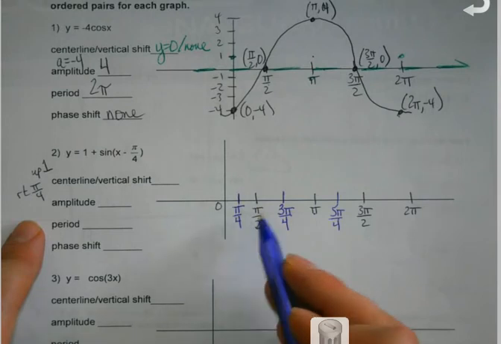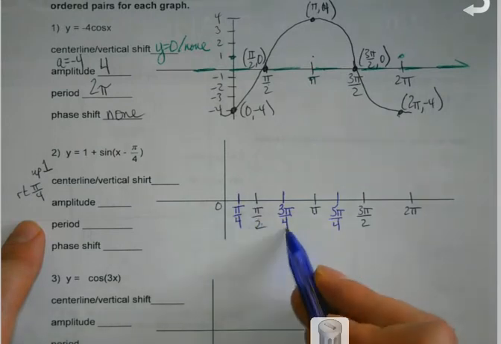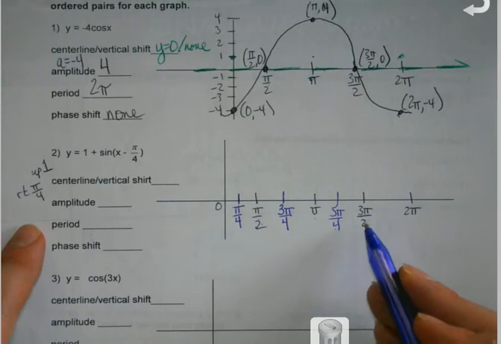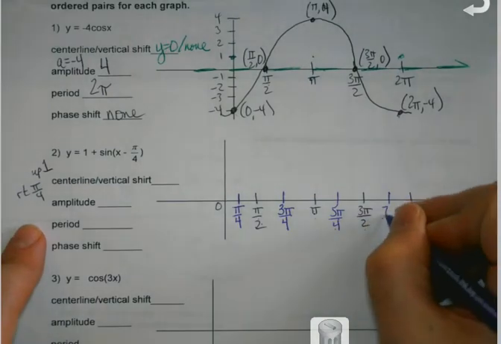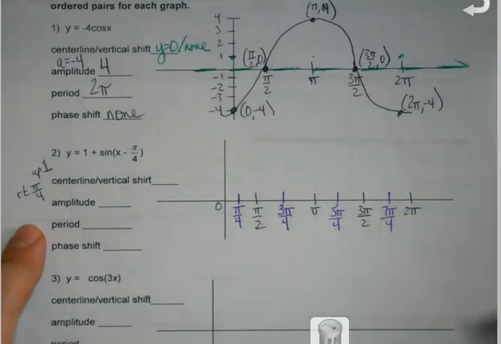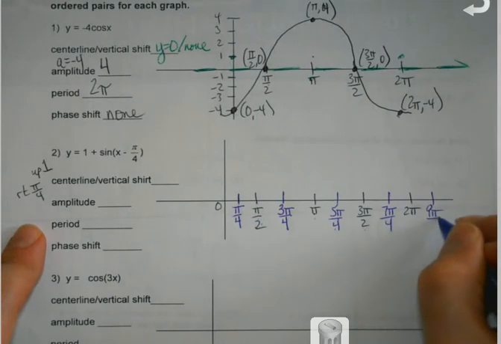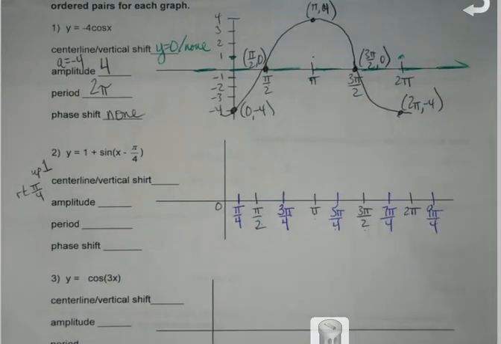Pi over 4, 2 pi over 4, 3 pi over 4, 4 pi over 4, 5 pi over 4, 6 pi over 4, 7 pi over 4, 8 pi over 4, 9 pi over 4.